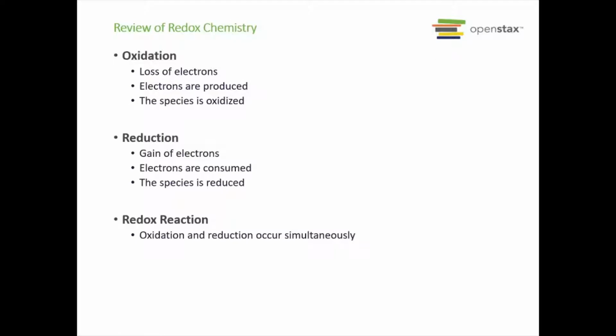So if you remember from redox chemistry, we have oxidation and reduction. Oxidation involves the loss of electrons, so electrons are produced and the species is oxidized. Reduction occurs when you have a gain of electrons, so electrons are consumed and the species is reduced. Do you remember the saying, OIL RIG? Oxidation is loss, reduction is gain.